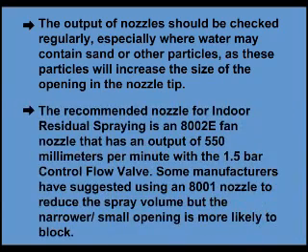The recommended nozzle for indoor residual spraying is an 8002E fan nozzle that has an output of 550 mm per minute with the 1.5 bar control flow valve. Some manufacturers have suggested using an 8001 nozzle to reduce the spray volume, but the narrower, small opening is more likely to block.